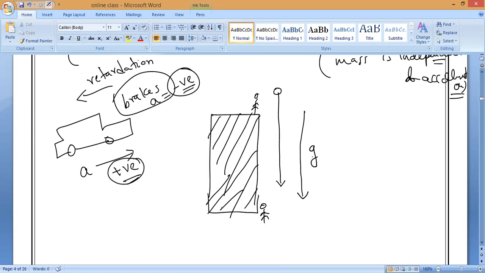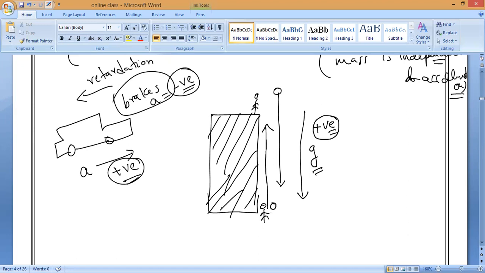Yes or no? So for gravity, what do we have to take? We have to take positive. When the body is falling towards the earth, g is taken positive. Clear?